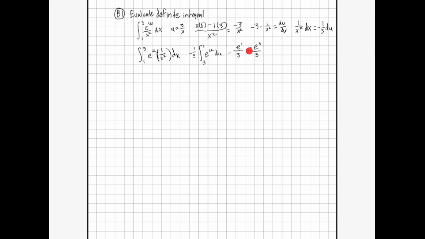But because these are both negative, I can add them together. So instead of doing that, I can just plus. That's an ugly e.